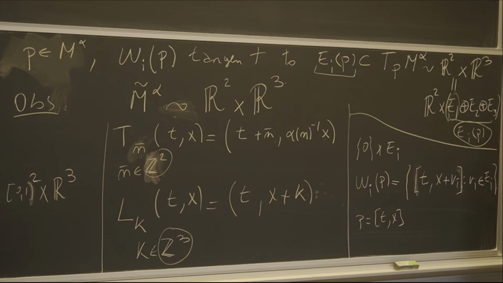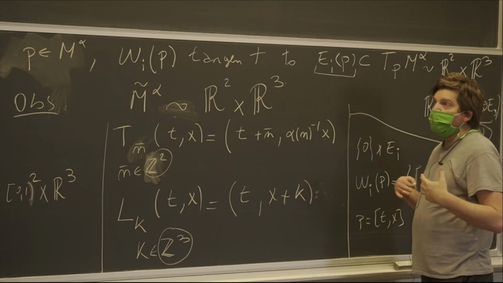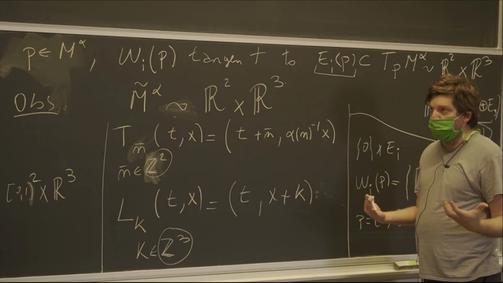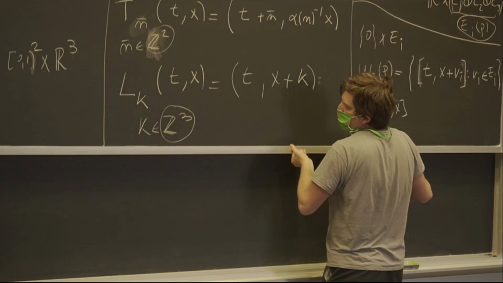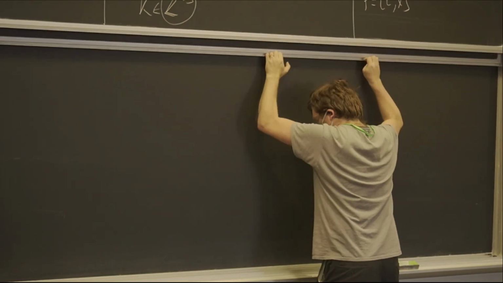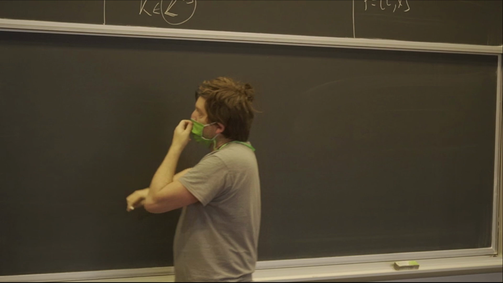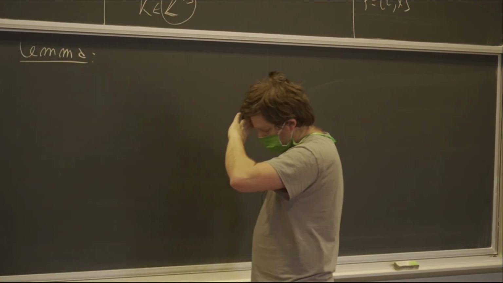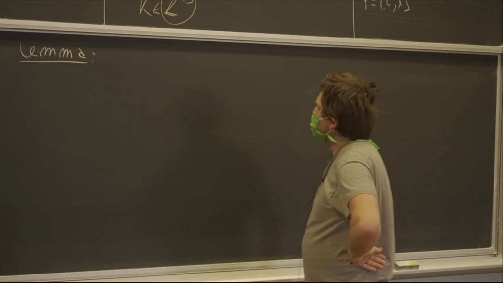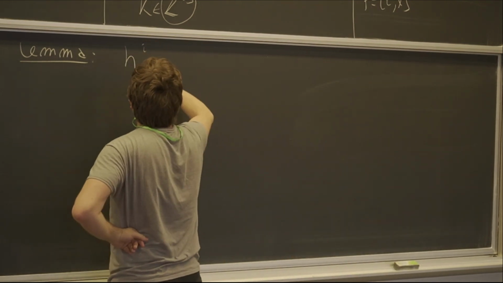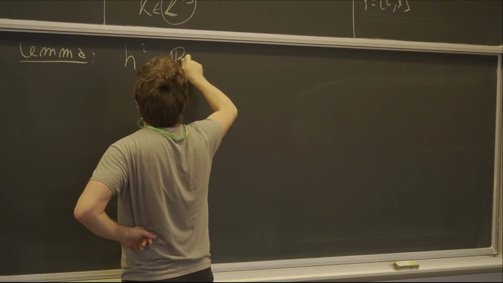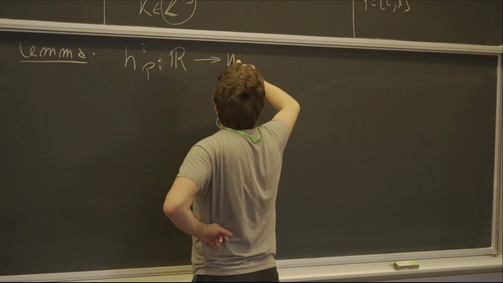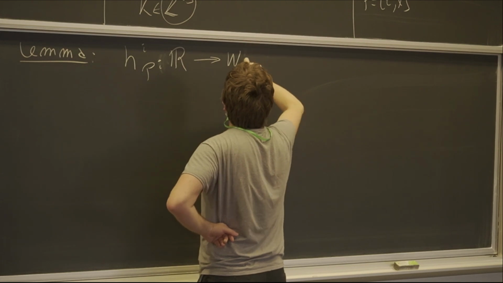So we have these guys, which are tangent to the corresponding space EIP, which is the translate of EI over P. And we have our lemma describing the dynamics from this perspective of the WIs. Saying that we have HIP from R into WIP.